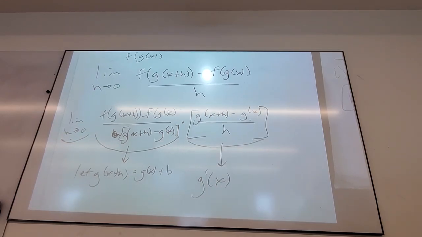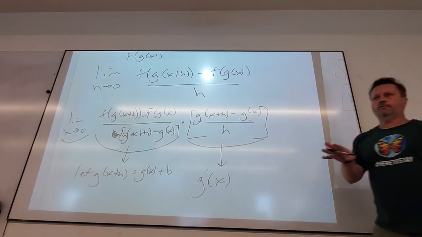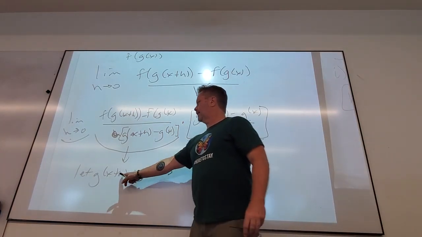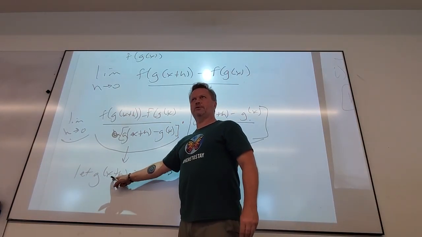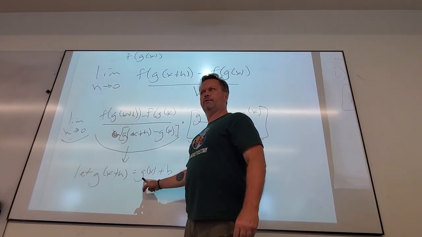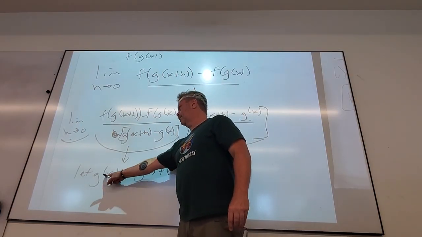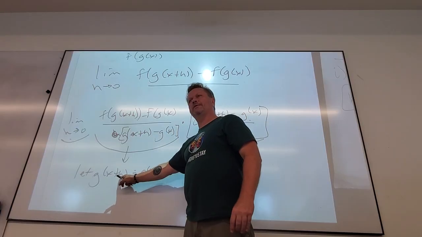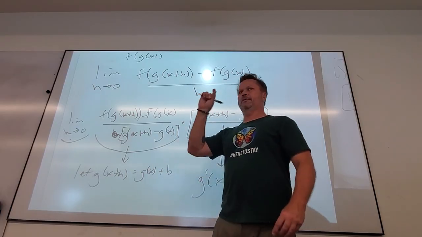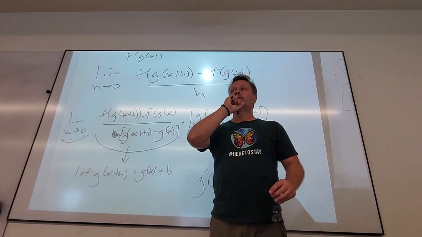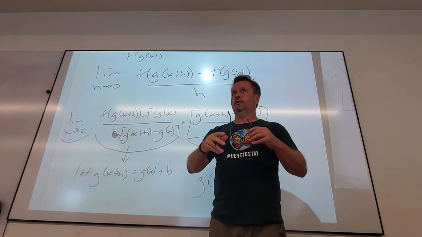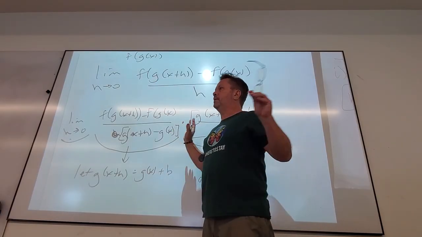Do you all agree with me that as h goes to 0, g of x plus h should be really close to g of x? If h is going to 0, this is going to this, so when h is not quite 0, they're off by a little bit. And the little bit, I'm just going to call it b.